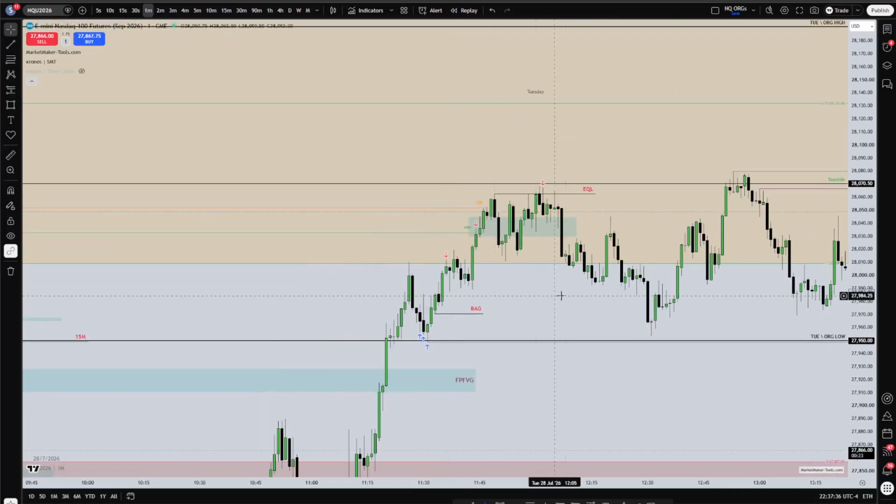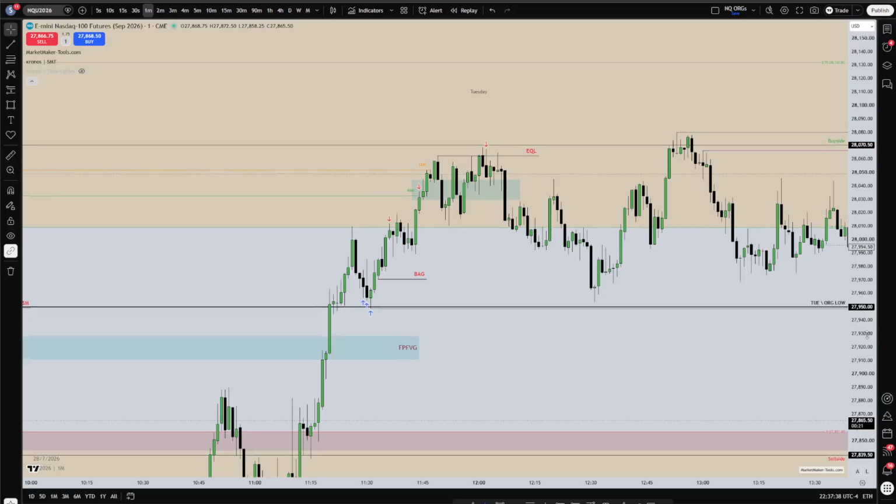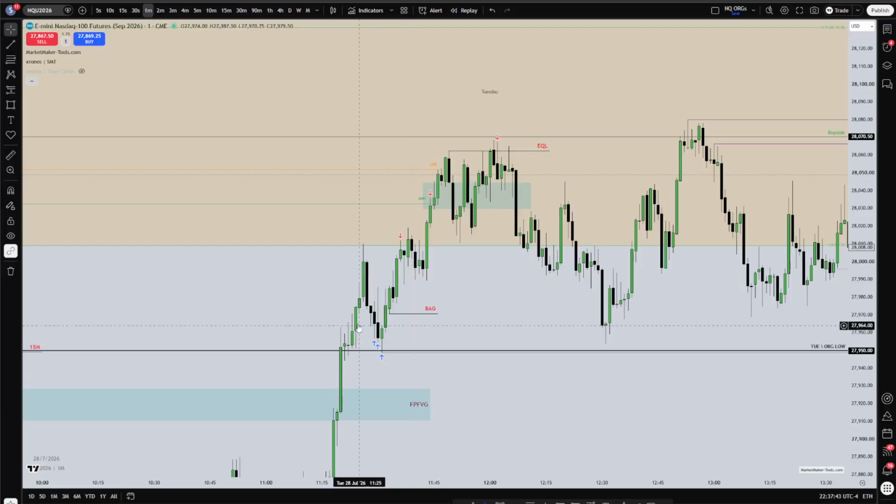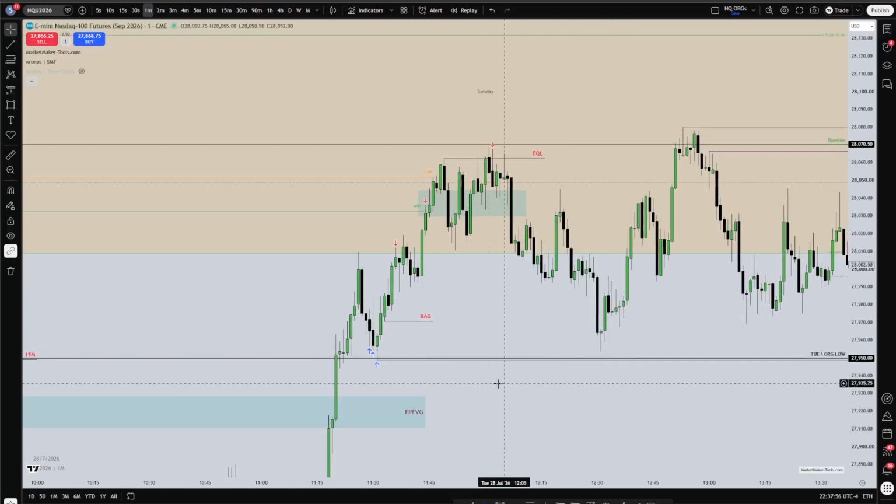And this is where I was interested in taking the trade, because I was at the gym, and when I came back, the price was somewhere here, and I saw that we saw a rejection over here. At that point, I was expecting some sort of rejection from this opening range gap low towards London high, or potentially this buy side liquidity over here.